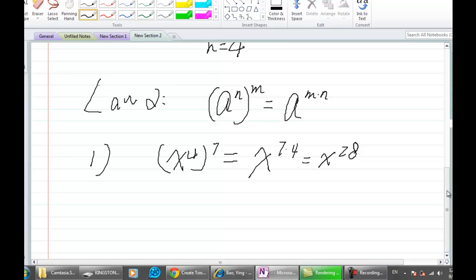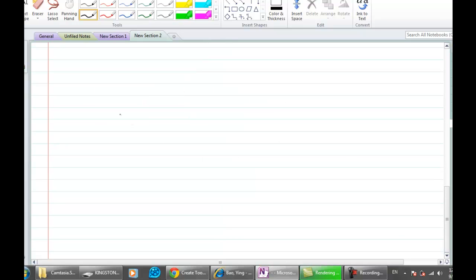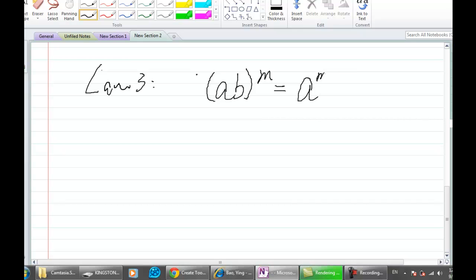So let's move on to the third one, law 3, which is a times b first, then parentheses to the mth power. In this case, we have to separate the a, b first, then we can get a to the mth power times b to the mth power.